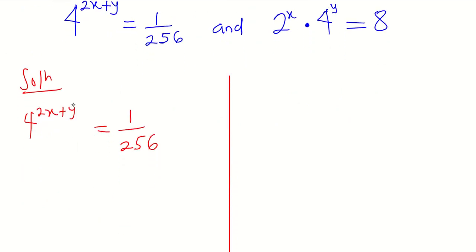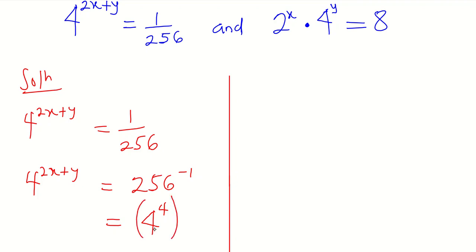Now we can resolve 1 out of 256 as 256, all exponent minus 1. And we maintain that of 4 exponent 2x plus y. Now we know that 256 can be expressed with a base of 4 and then an exponent, which means 256 is 4 exponent 4, and our existing exponent minus 1 comes.